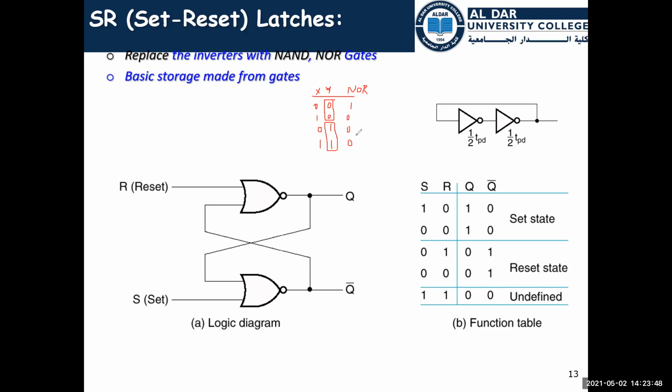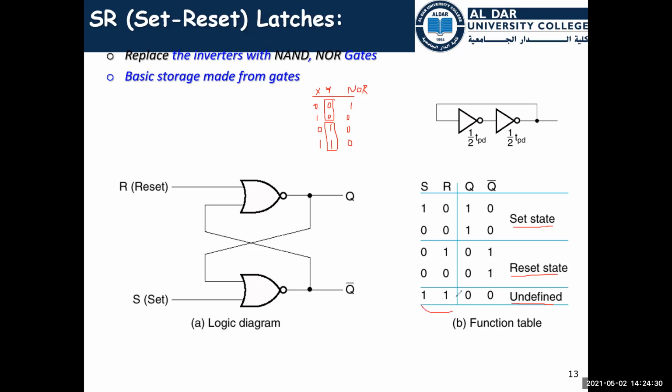I want you to remember this idea, just to understand how the NOR gate deals with the input. If one of the inputs is 0, the other will be flipped, converted. So if it is 0, it will be 1. If it is 1, it will be 0. But if one of the inputs is fixed to 1, the output will always be 0.